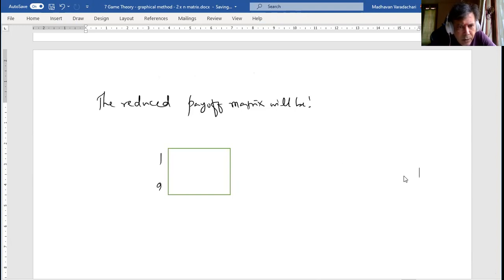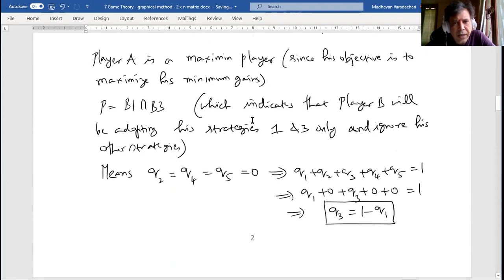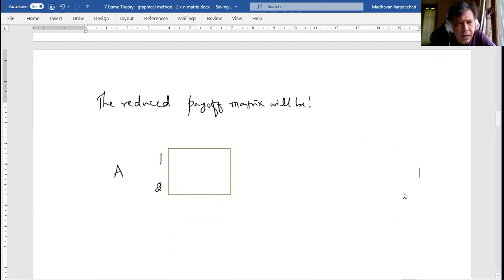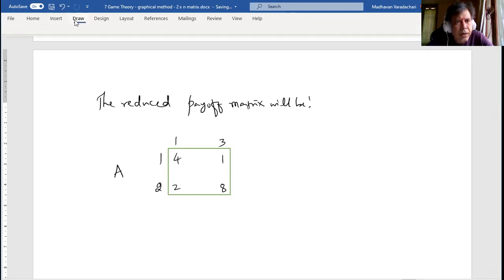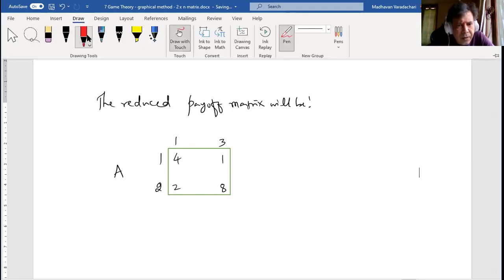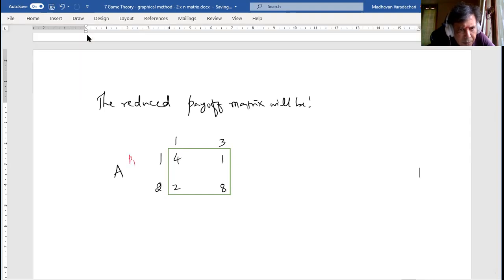Player A, 1 and 2 strategies. Player B, which strategies? 1 and 3. Now let us write the corresponding payoffs. We already know the corresponding probabilities are, for this it is P1 and P2. For this it will be Q1 and Q3.